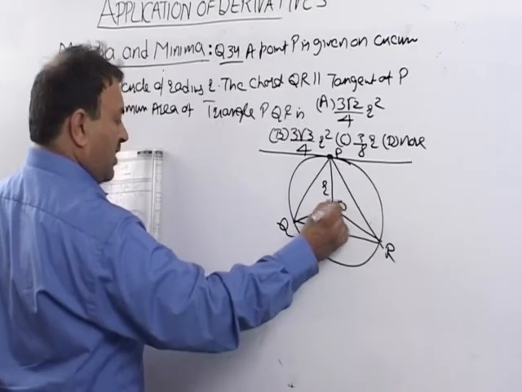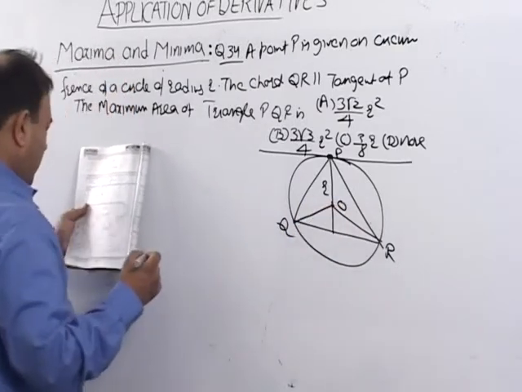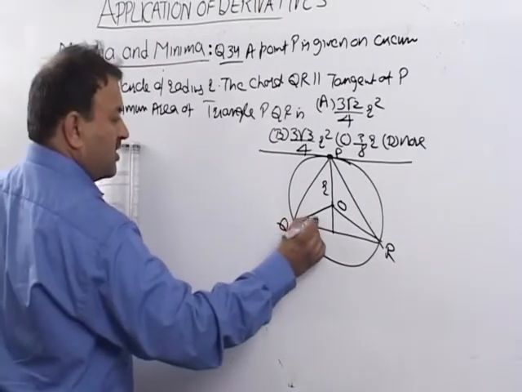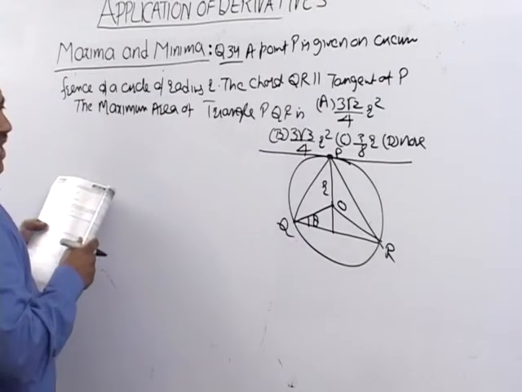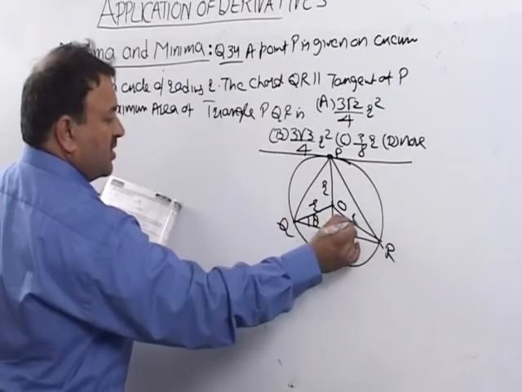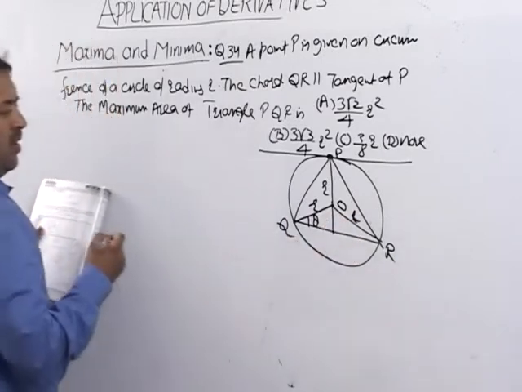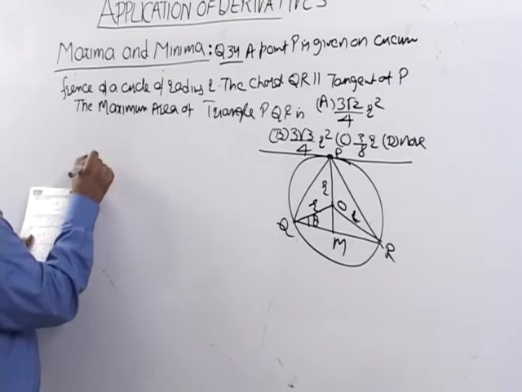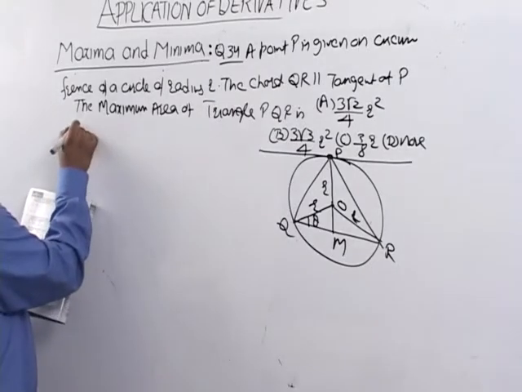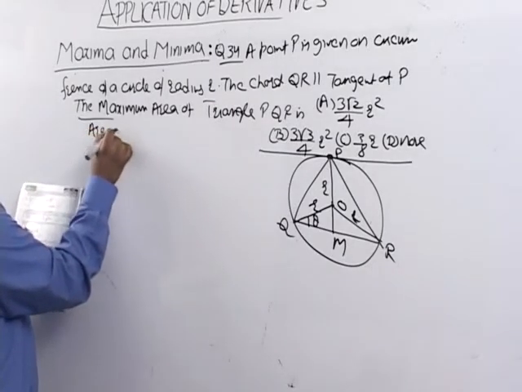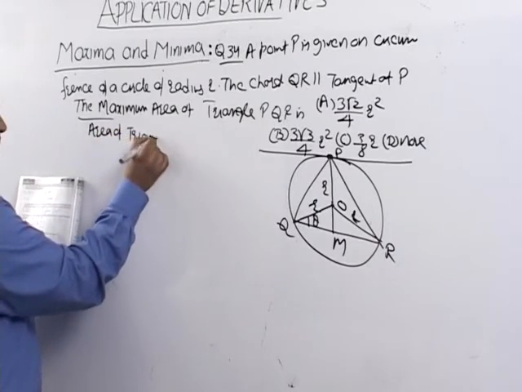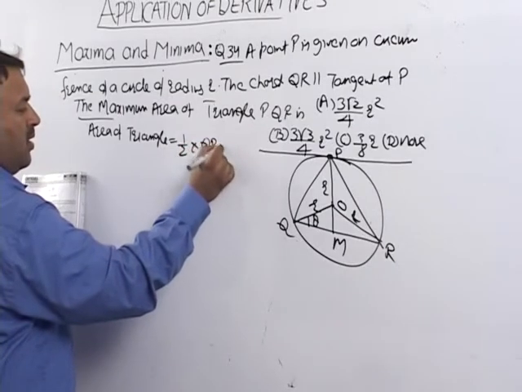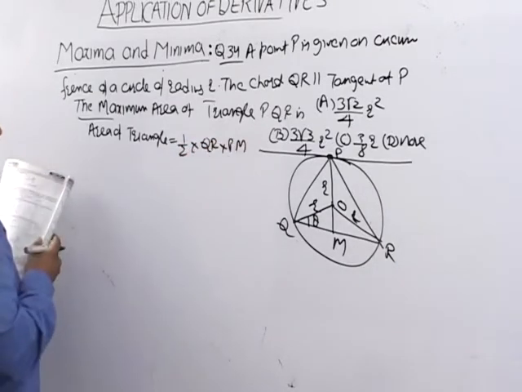I take the center O, and suppose this angle is theta. This is our R, this is our R. So this is O, P, Q, and this is M. First of all, I have to find the area of the triangle, which is half into QR into PM.